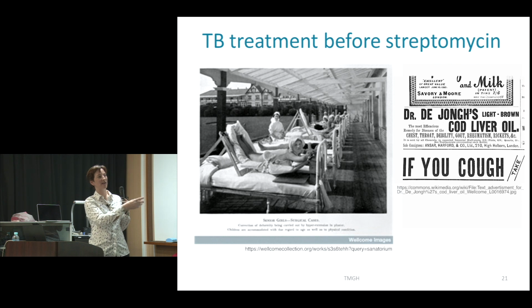So before streptomycin, part of what TB treatment used to consist of in Europe was making everybody go outside in the sun, because they felt that sunlight and fresh air were good for you. And they were right, because vitamin D is important and you make it. And the fresh air was good because in a closed environment you're just more exposed to the bacteria.